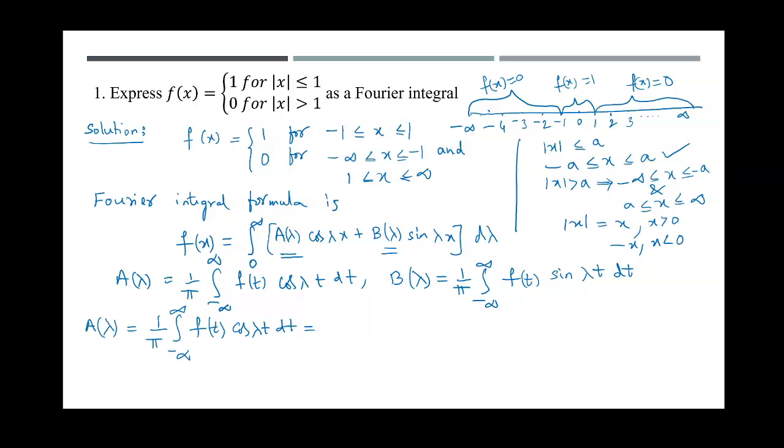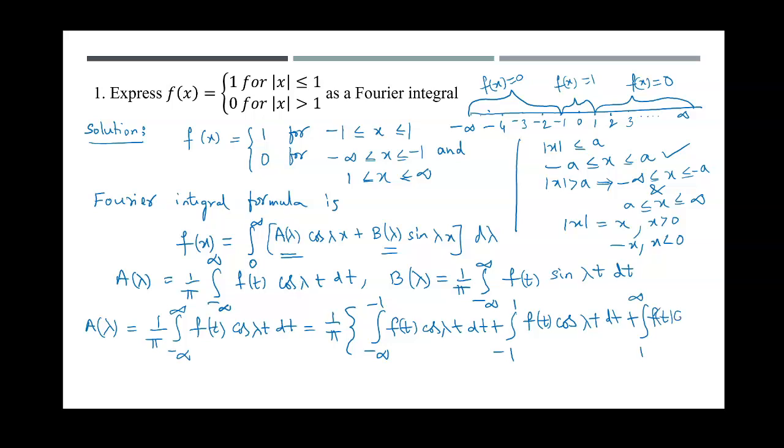Here this can be written as 1 by pi integral minus infinity to minus 1 f of t cos lambda t dt plus integral minus 1 to 1 f of t cos lambda t dt plus integral 1 to infinity f of t cos lambda t dt.